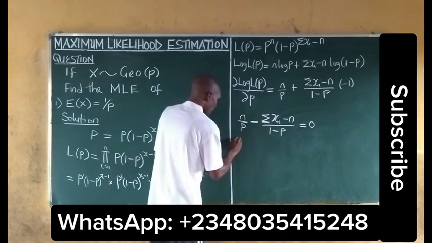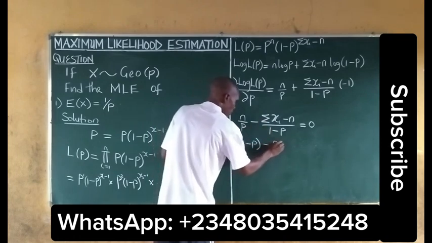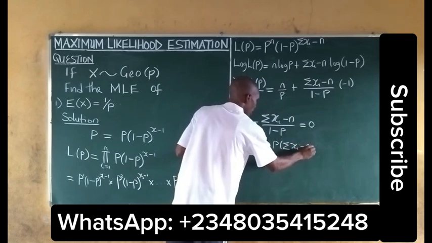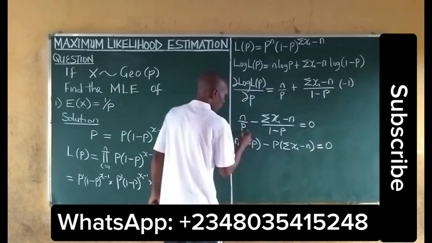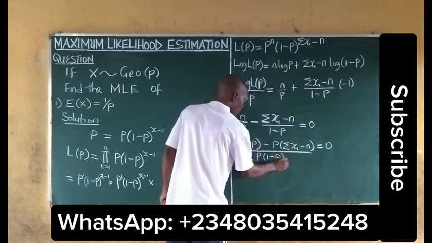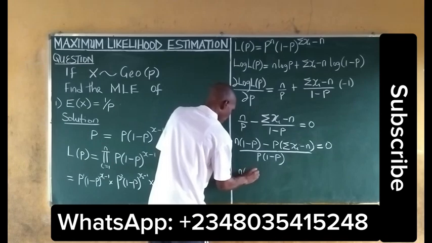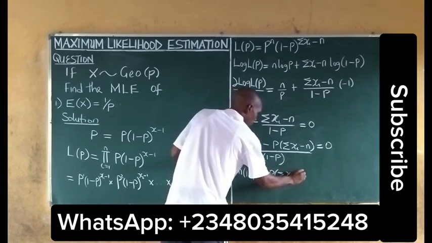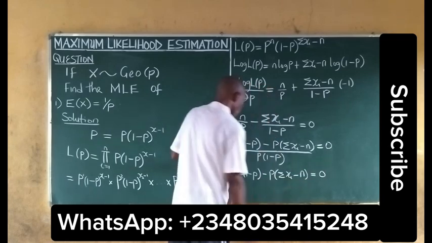From mathematics, we have that n multiplied by (1 minus p), minus p multiplied by summation of xi minus n, is equal to 0, all over p(1 minus p). Of course, this will multiply 0, so we get n(1 minus p) minus p(summation of xi minus n) is equal to 0. So this is what we get.